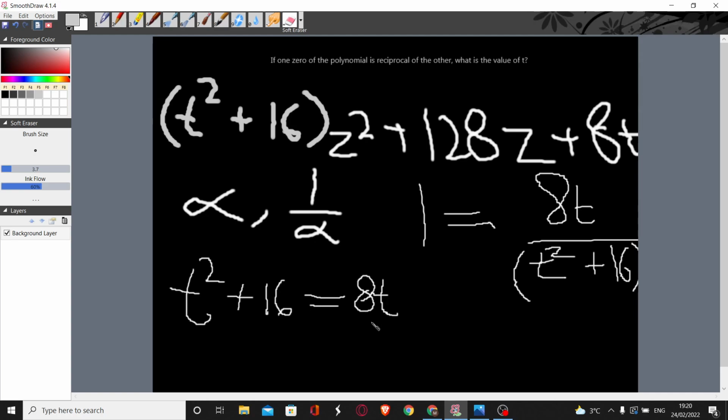Once we subtract 8t from both sides, we can make another quadratic polynomial, not for the zeros, I apologize, but for the t value. We are going to get t squared minus 8t plus 16.